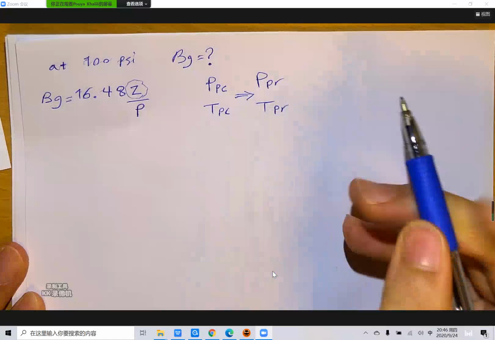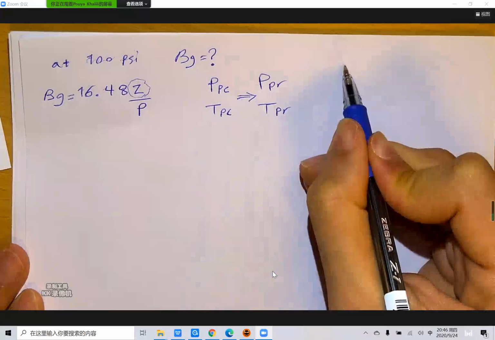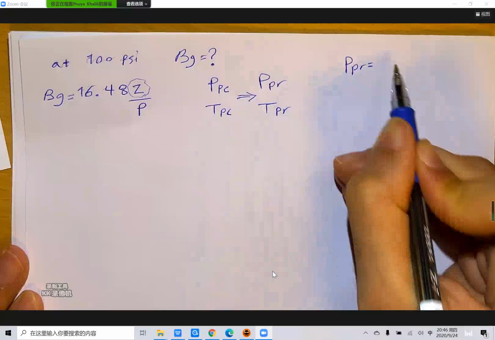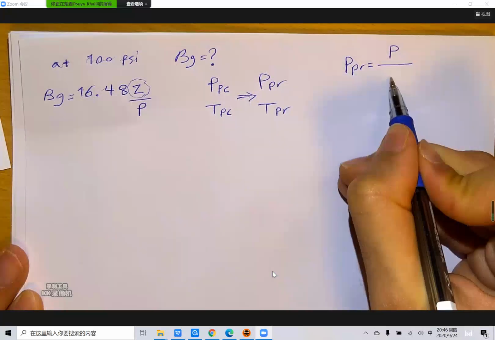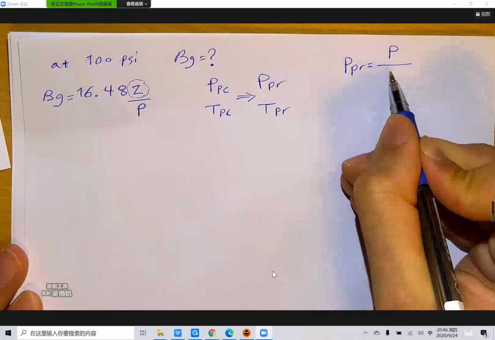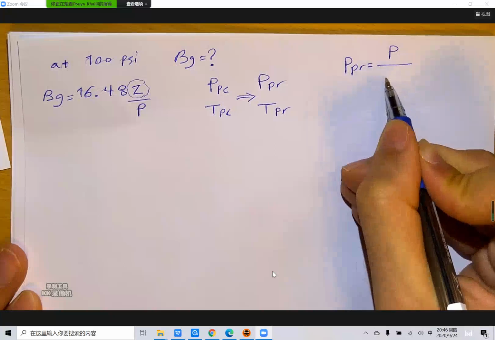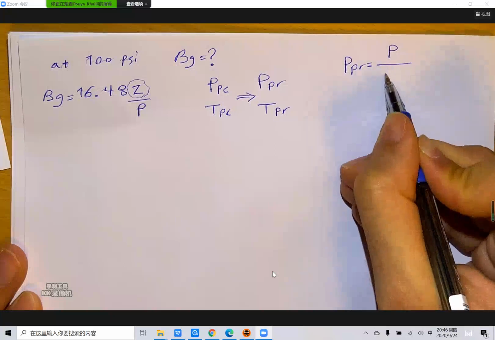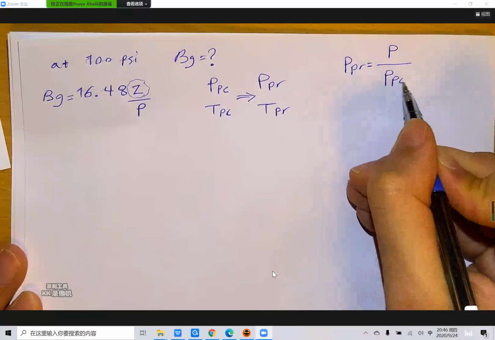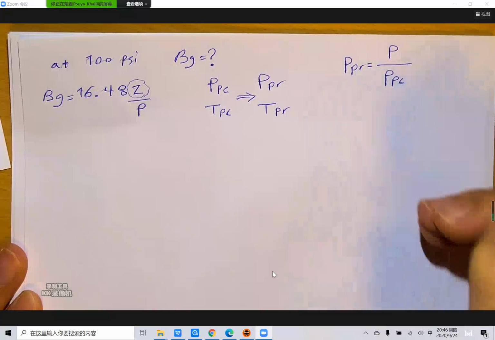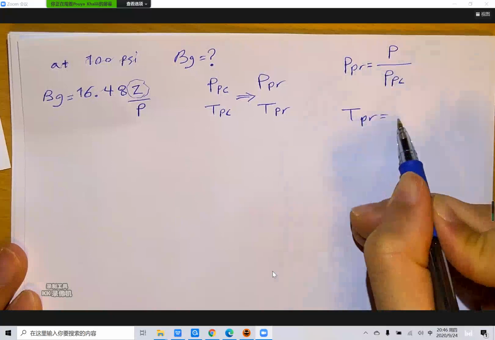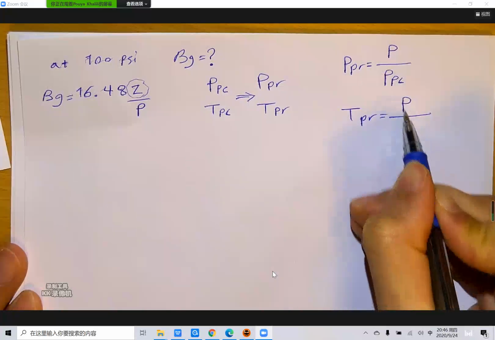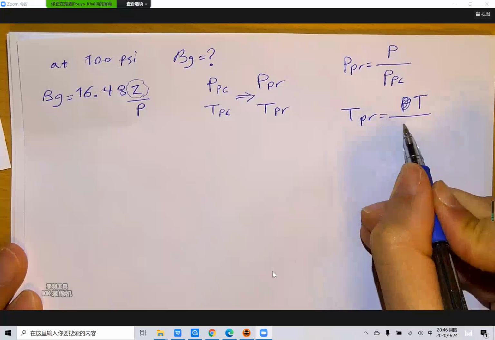So the pseudo-reduced pressure is pressure over pseudo-critical pressure, and the pseudo-reduced temperature is temperature over pseudo-critical temperature.